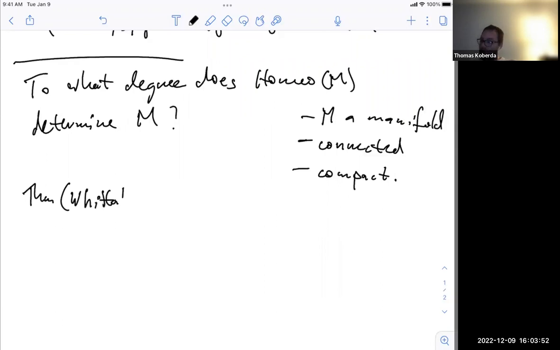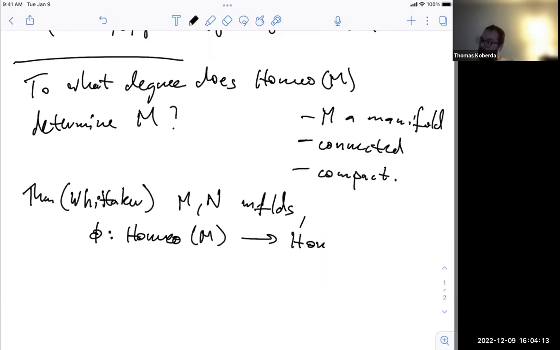Whittaker says that if M and N are compact manifolds, and if phi is an isomorphism between the homeomorphism group of M and the homeomorphism group of N, then this implies that M and N are homeomorphic.